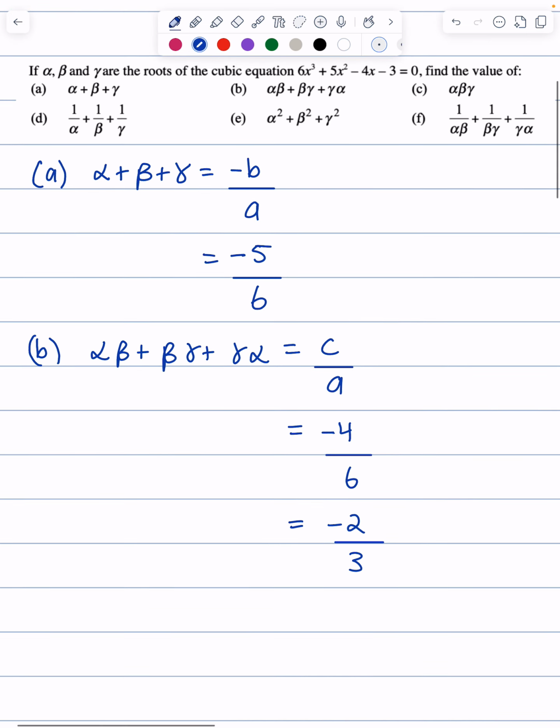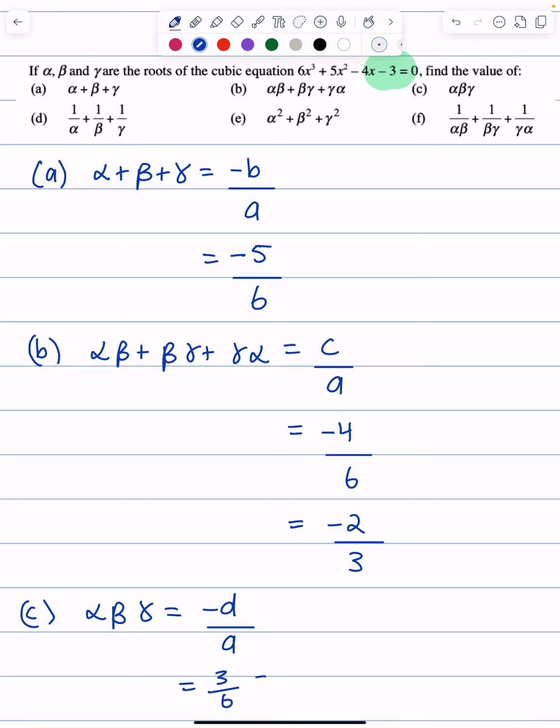Then for C, I have the product of the roots, which is equal to minus d over a. Now notice here d already has a negative, so it's going to be a double negative, so we get a positive 3 over 6, which is equal to 1/2. So that's our standard formula here.